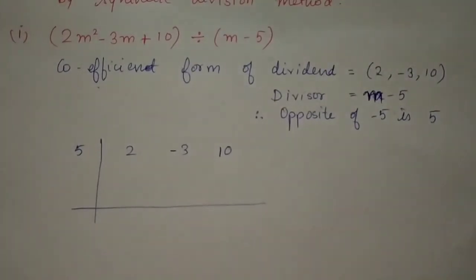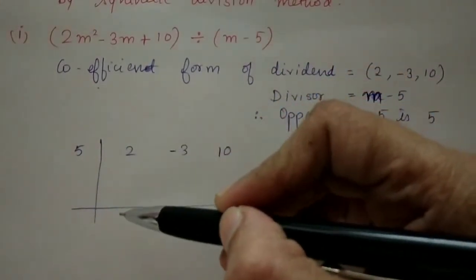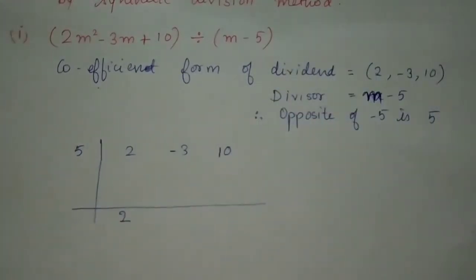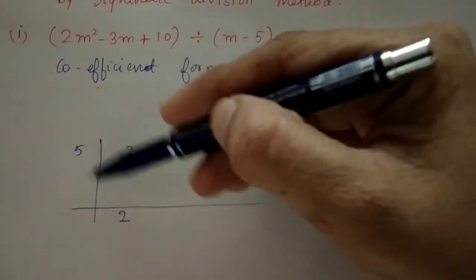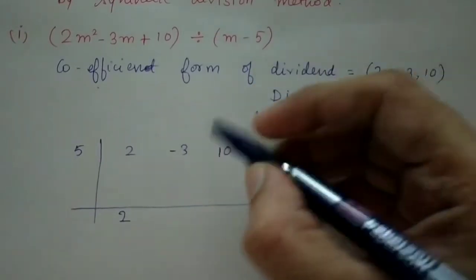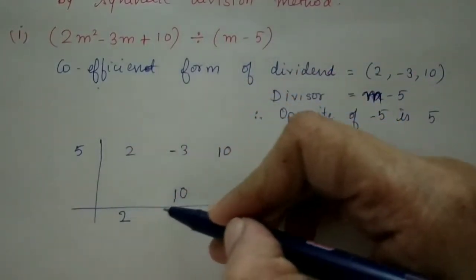And how do we carry out this division? See here now. This first number 2, whatever is there, we write it down as it is. Then in the next step, we multiply 5 and 2. So 5 twos will be 10. We are going to write 10 here, so it will be like a V, like this.